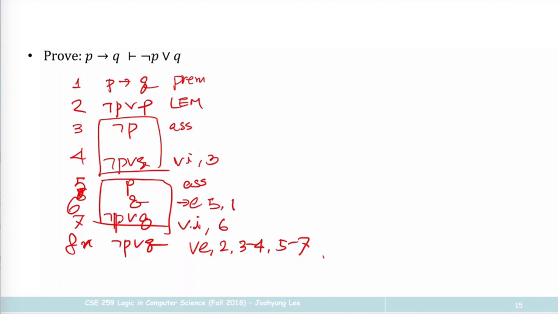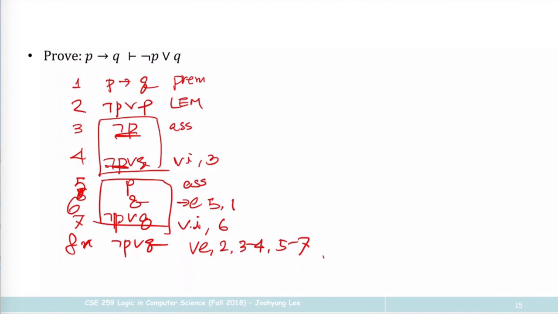Yes, question? I'm confused at how you got not P or Q in line 4. Line 4 uses OR introduction. So not P is one of the disjuncts, so you can make a disjunction with any other formula, including not Q, including Q. We don't know if Q is true or not, though. Doesn't matter.